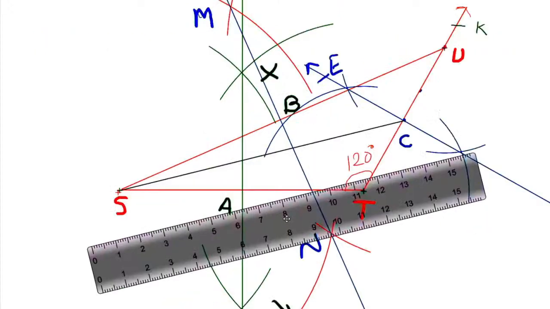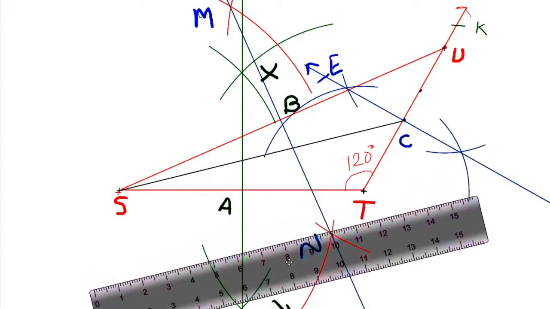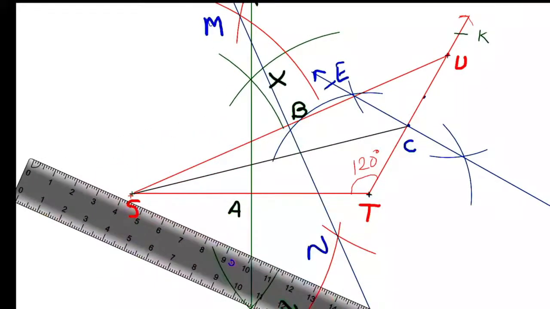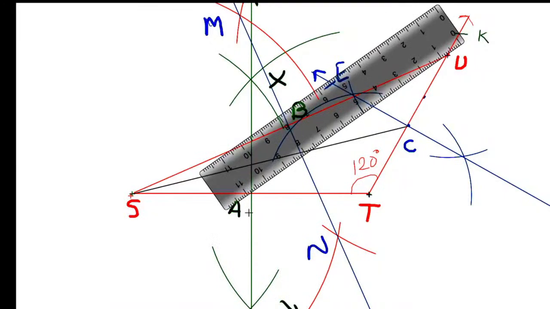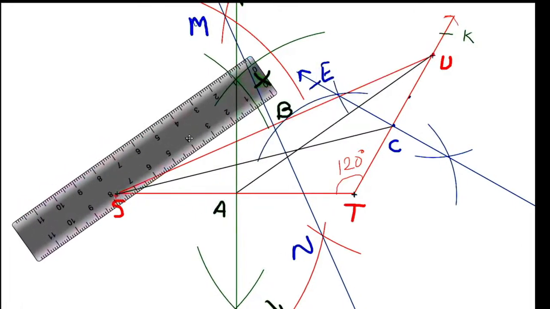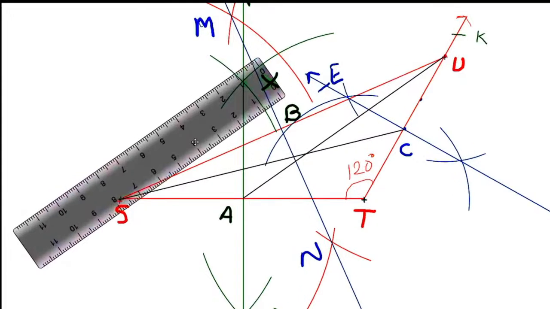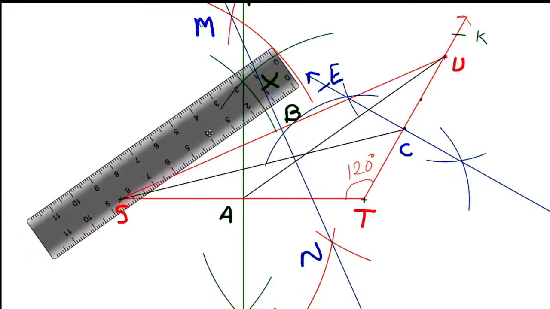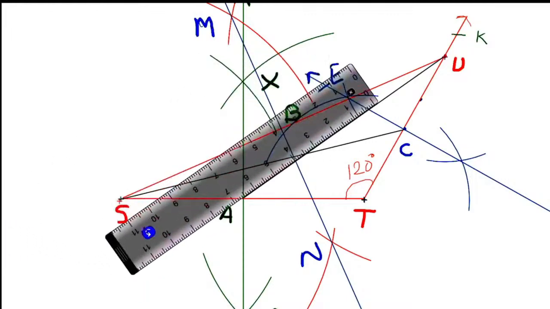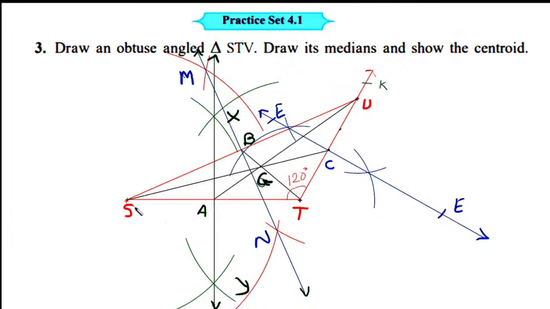Segment SC is a median of triangle STU. Then draw the segment UA, joining the vertex U and the midpoint A of side ST. Then draw the median TB by joining the vertex T and midpoint B of side SU with the help of a ruler. Observe the figure here.